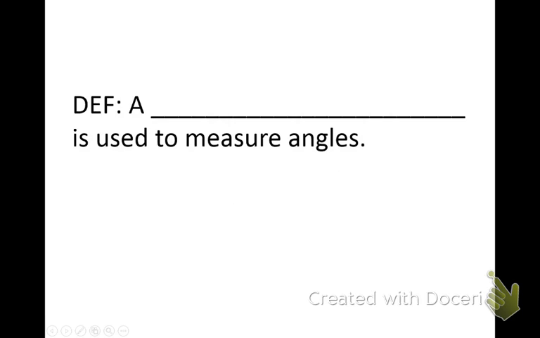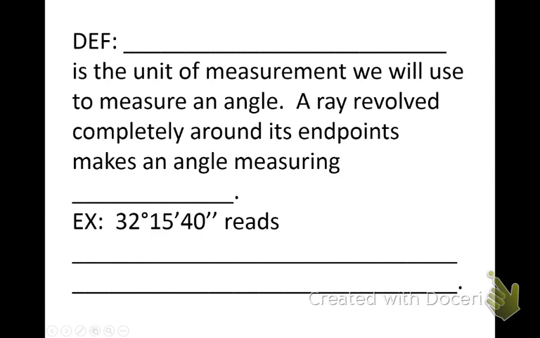Degree is the next term. A degree is a unit of measurement we will use to measure an angle. Just like inches measures the length, a degree measures an angle.